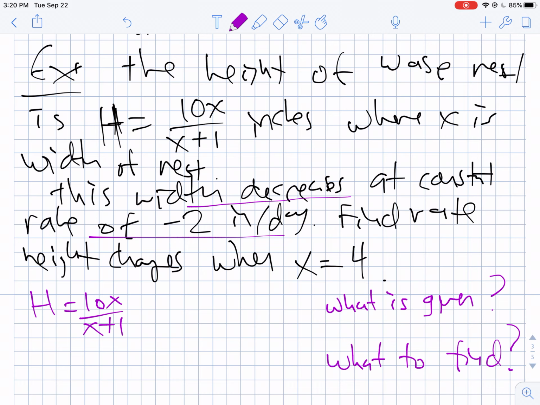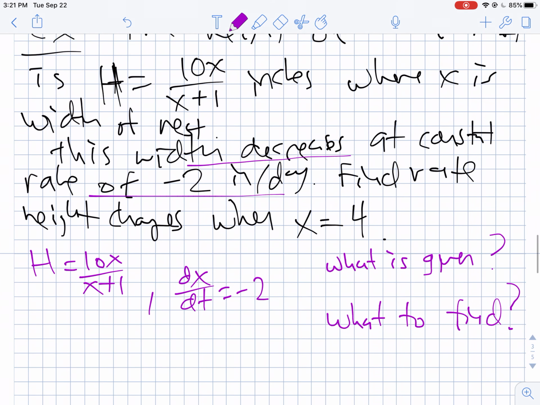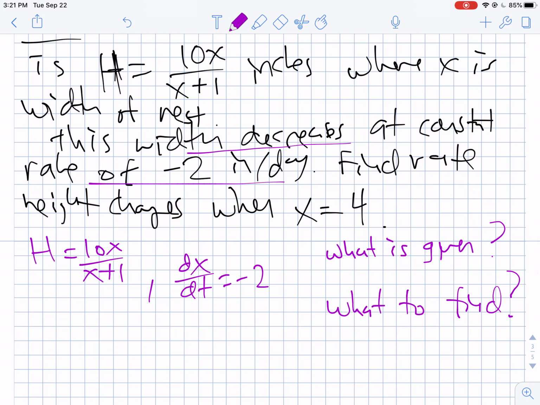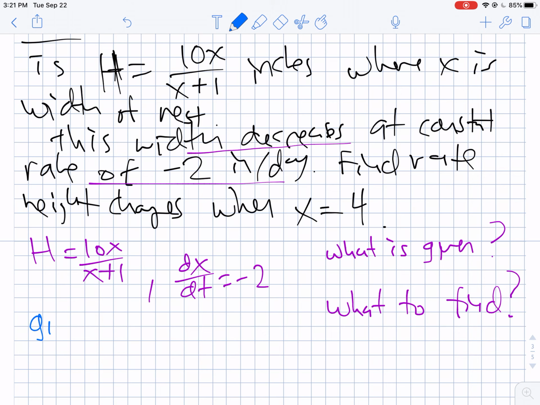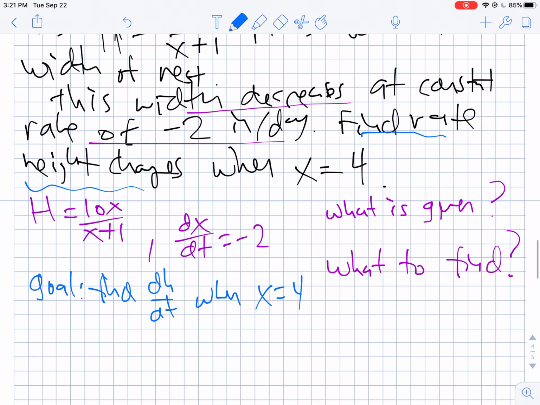So if x is the width, they're telling me dx dt is -2. And our goal, what we're trying to look for, is the rate that height is changing when x equals 4. So my goal is to find dh dt, that's the rate at which the height changes. Find dh dt when x equals 4. When you're addressing these problems, this is what you should do. Start by figuring out what do we need to find, what do we actually have.